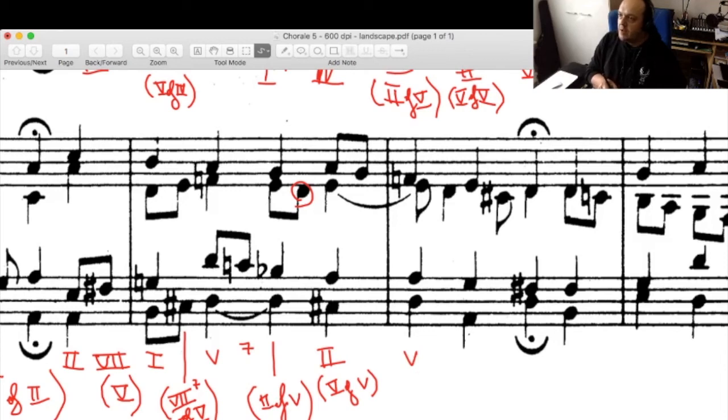To 5 minor. Now that E is held, it becomes a 9/8 suspension. This is again 2 chromatic, 2 chromatic with a 4/3 suspension, going to, wow, look what happens there, going to 5.